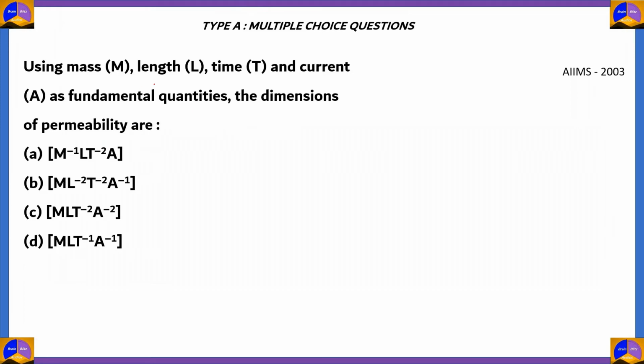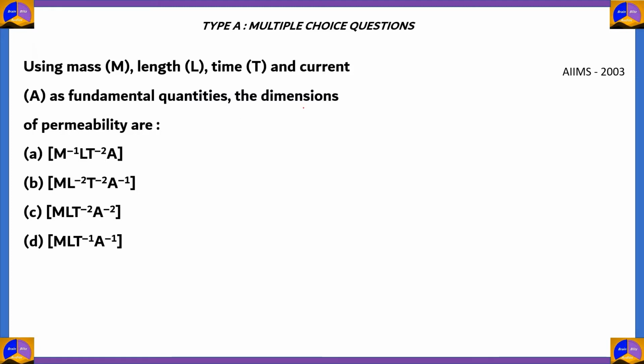Using mass, length, time, and current as fundamental quantities, the dimensions of permeability are. So in some questions, you might get different dimensions to be used as fundamental quantities, but over here, it's the MLTA system, so it's still the same.